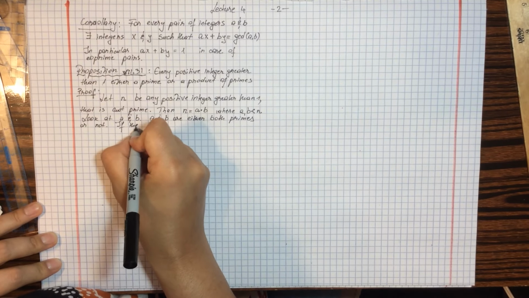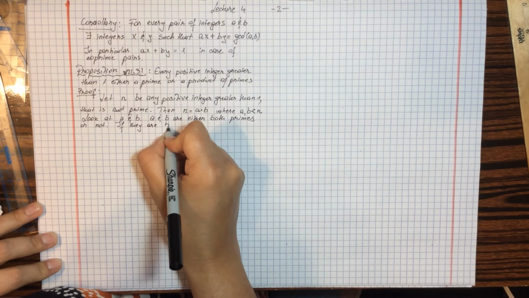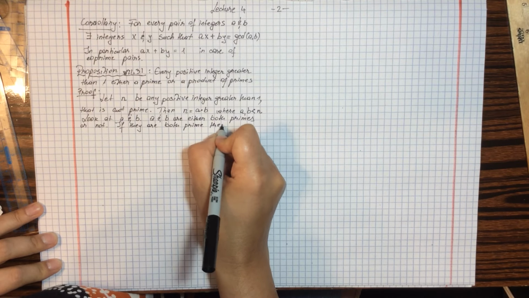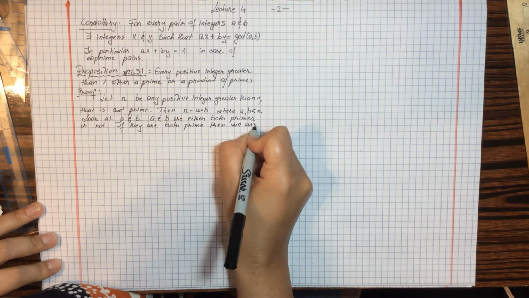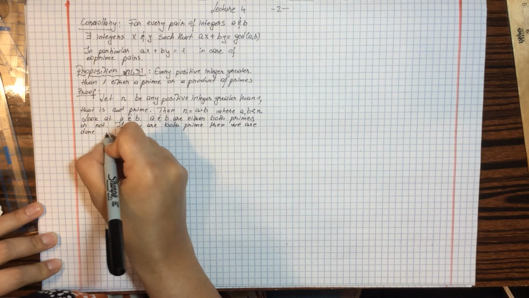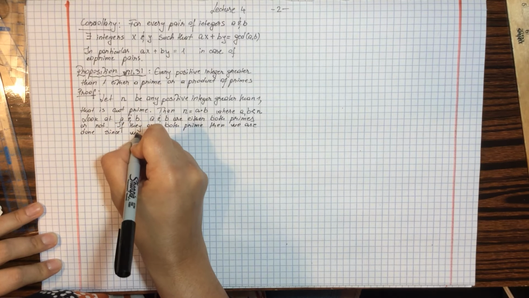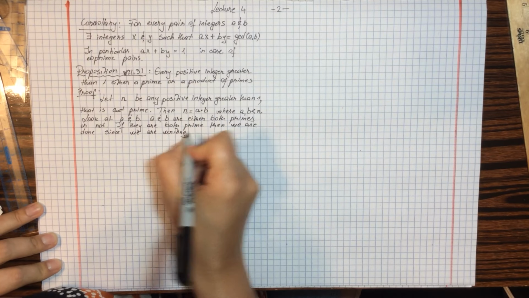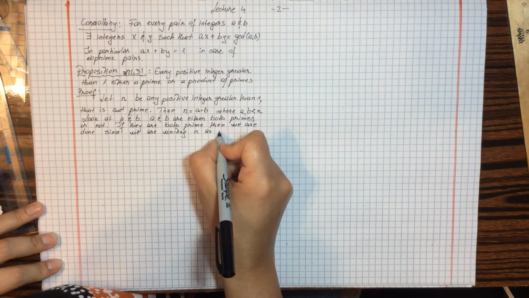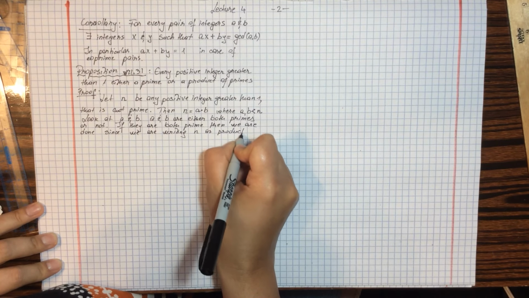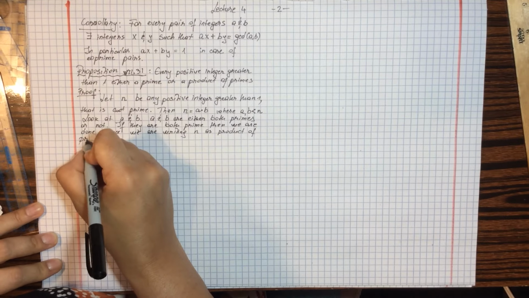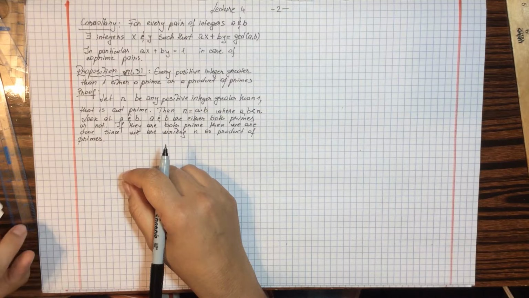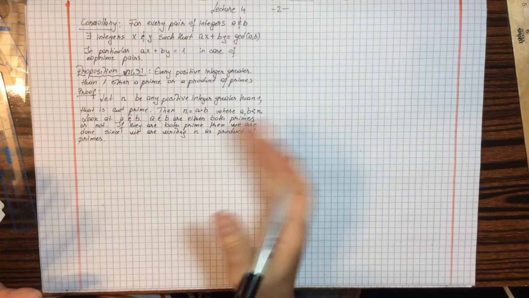If they are both prime, then we are done, since we are writing n as a product of primes. So this case is not interesting. If they're both prime, we're done.